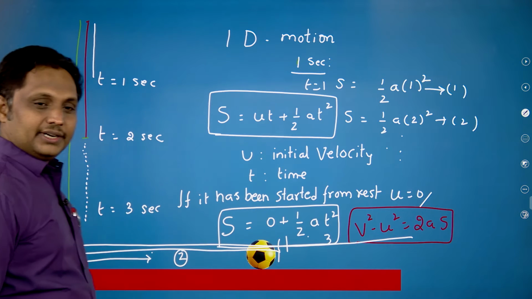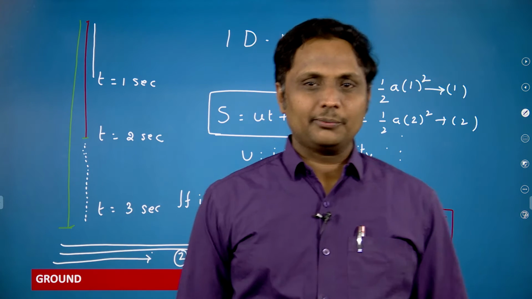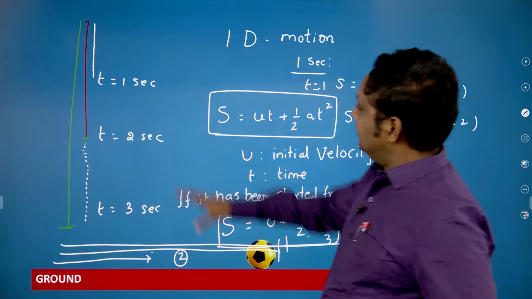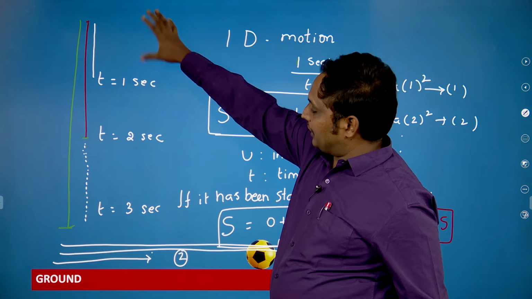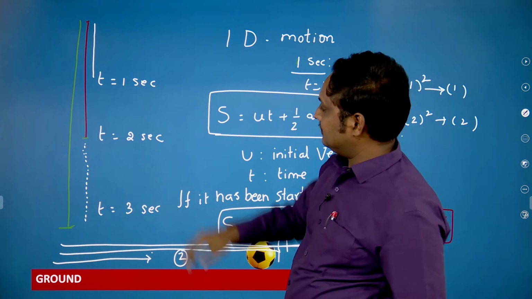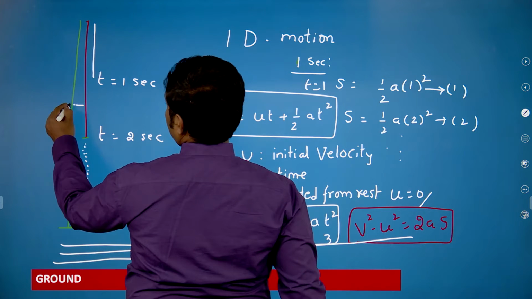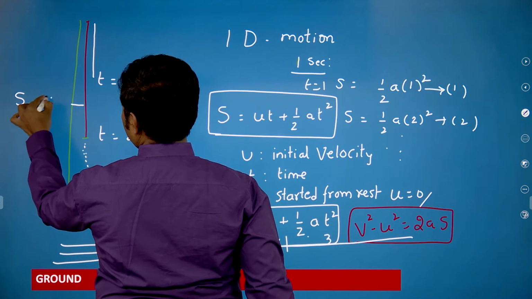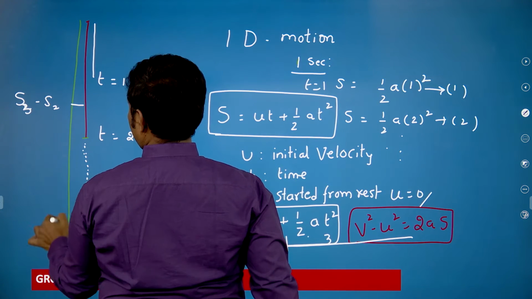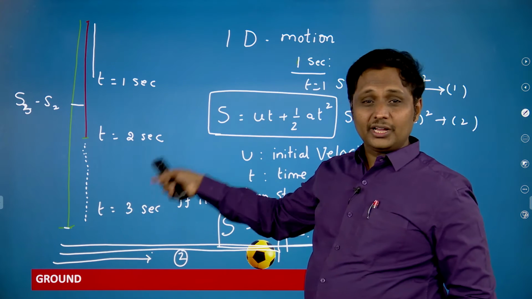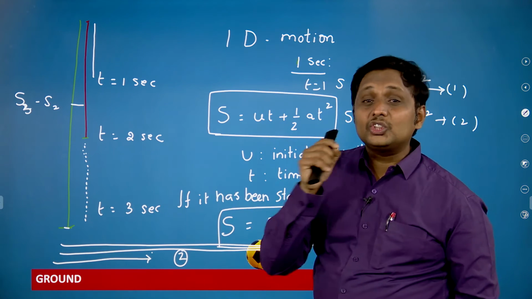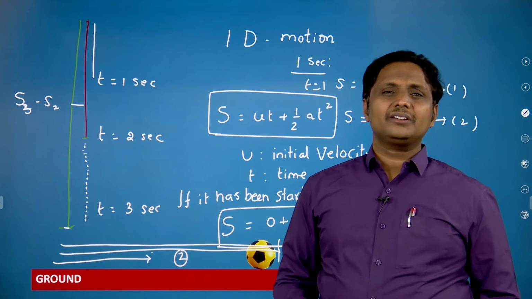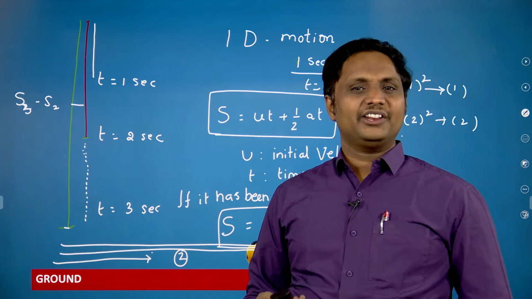To solve this problem, S3 minus S2, it's very clear. This gives the distance covered in the third second. You may find the speed and acceleration simultaneously.